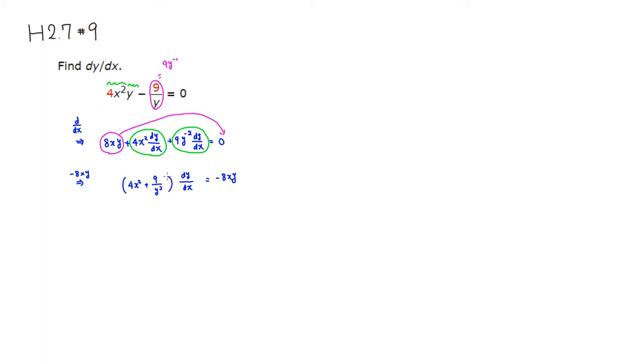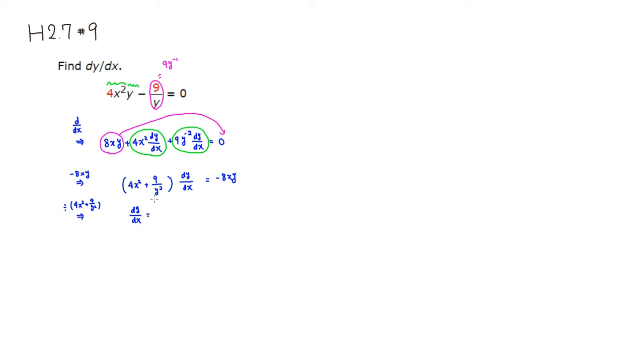So we have that. Then we're going to isolate dy over dx, so I'm going to divide through by 4x squared plus 9 over y squared, so that we will have just dy over dx.